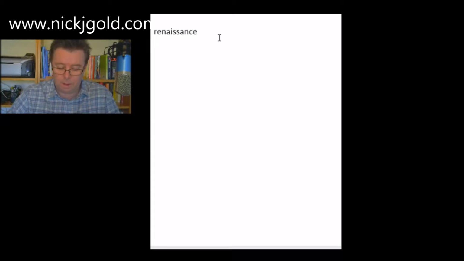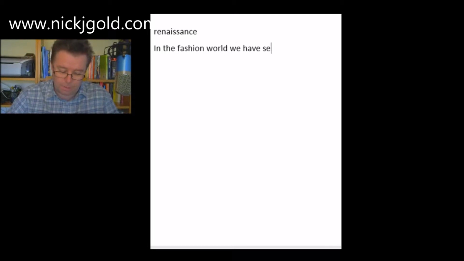We could say in the fashion world, we have seen a renaissance of flared trousers.